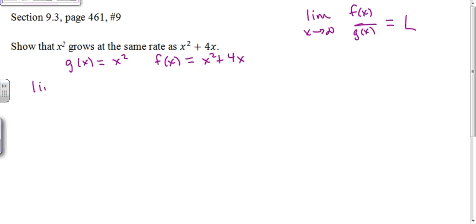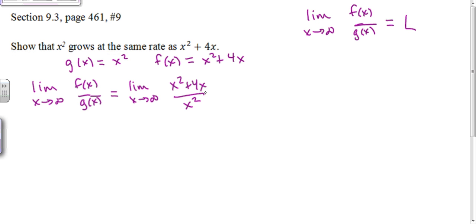So we're going to take the limit as x goes to infinity of f of x over g of x, and let's substitute in here. So I'm going to have the limit as x goes to infinity of x squared plus 4x over x squared.